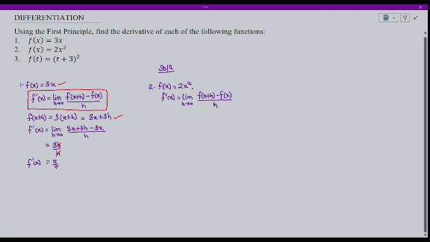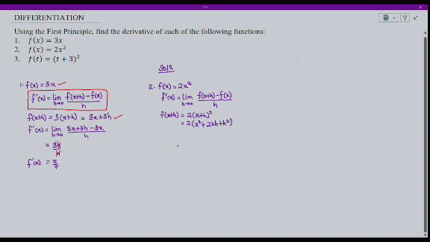We have f of x, so we need to find f of x plus h. This becomes 2, then in brackets x plus h, all squared. To make it easy for us, let's first expand x plus h all squared.